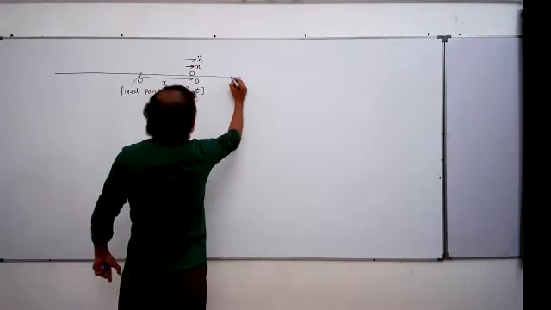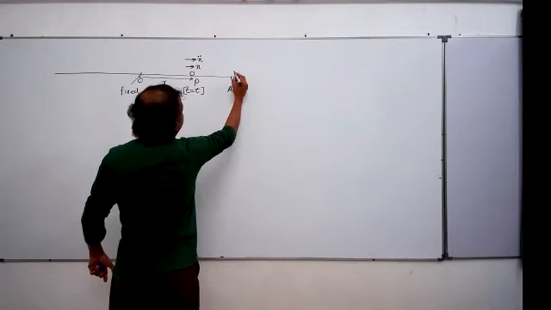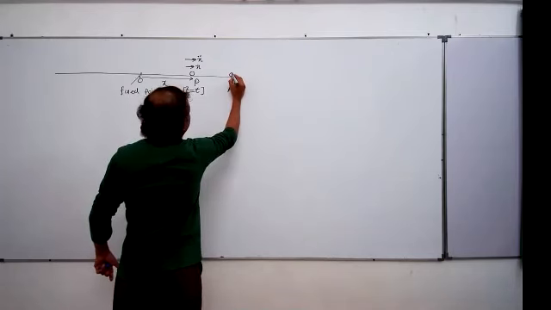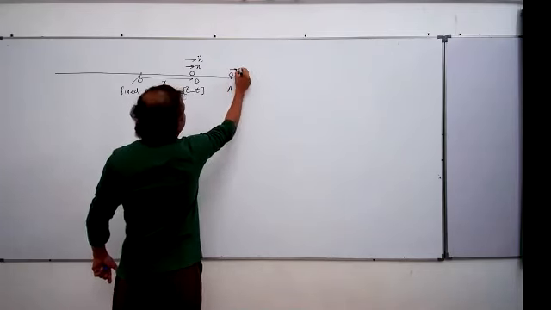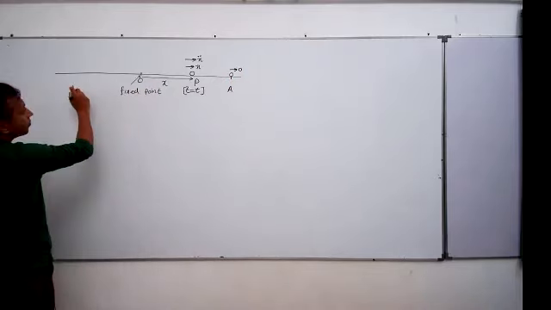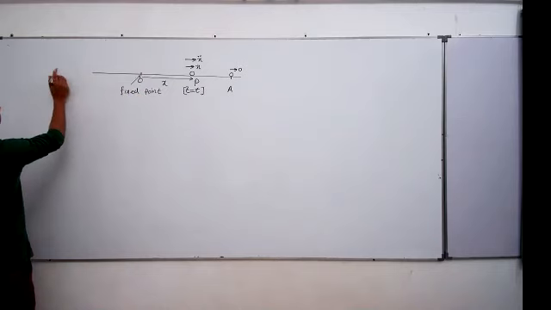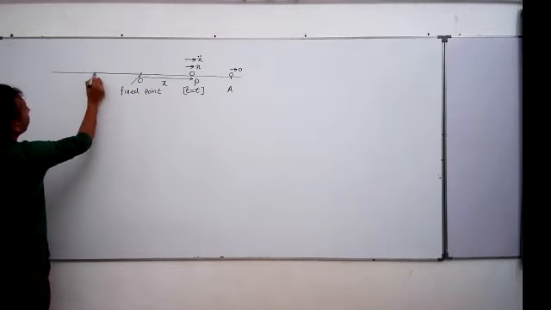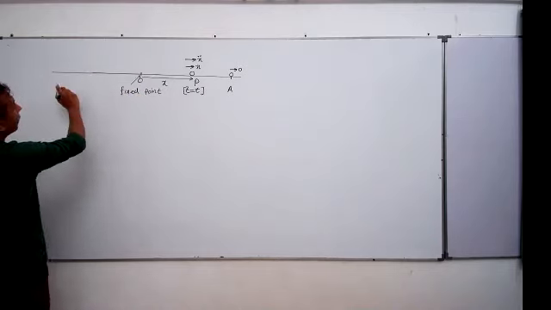The particle reaches point A. Velocity 0. Right. And descends the same distance by t dash.